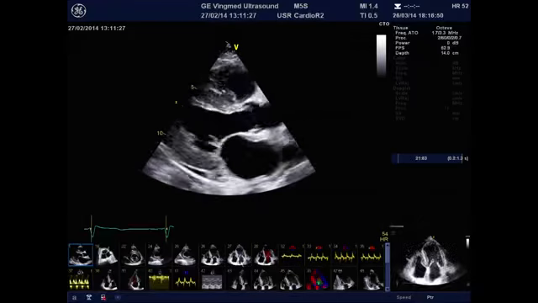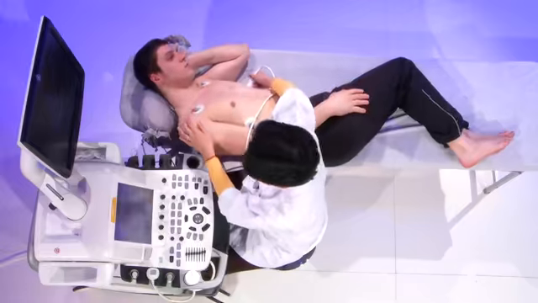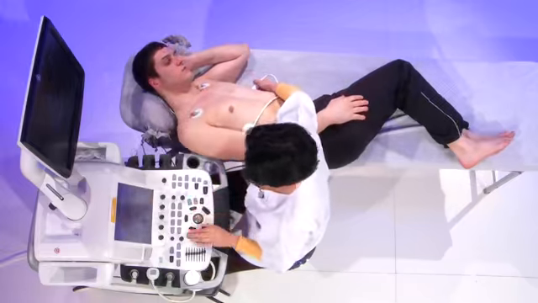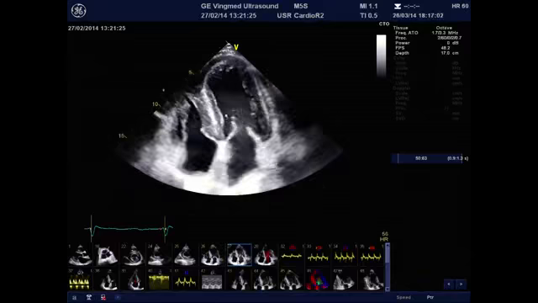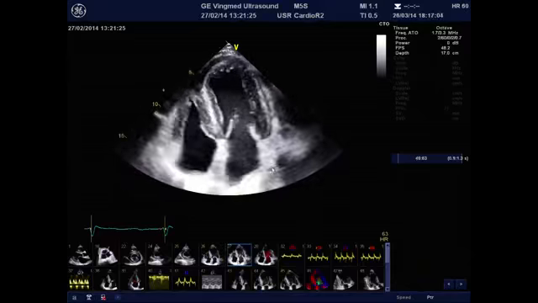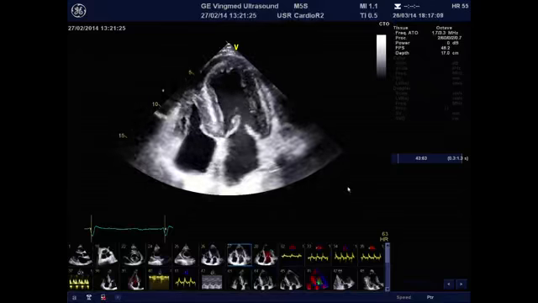Turning then to the apical view of the patient, we can see again the characteristic LV hypertrophy, but also other findings associated with amyloidosis. First of all, there is a degree of biatrial enlargement.